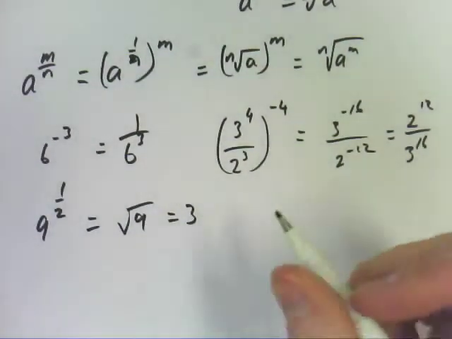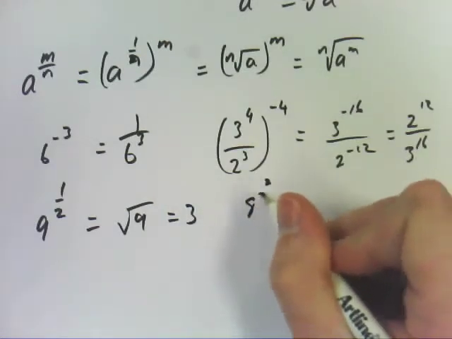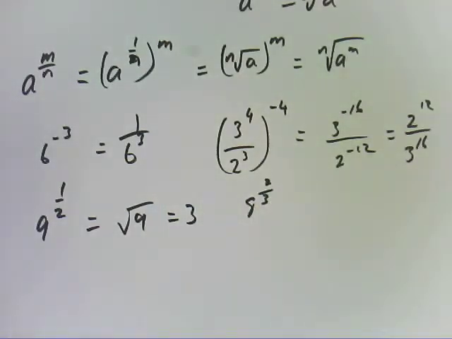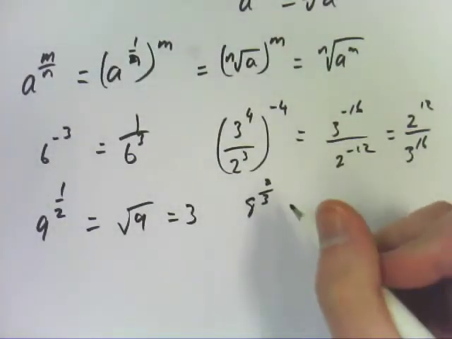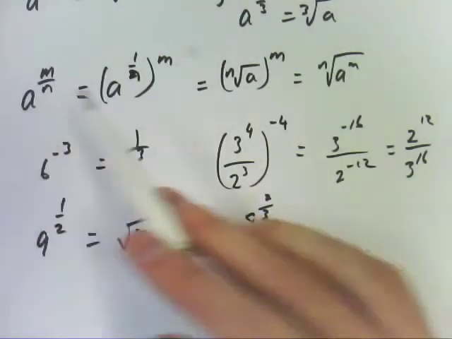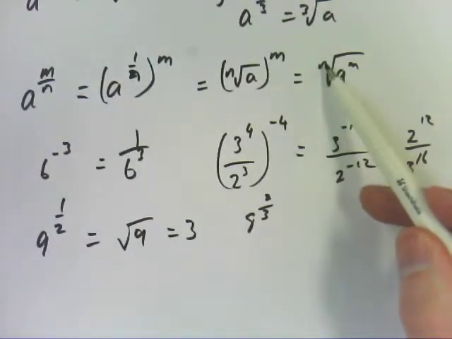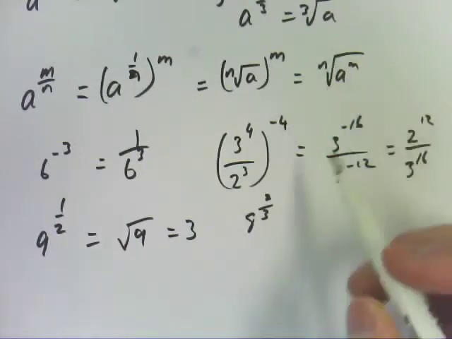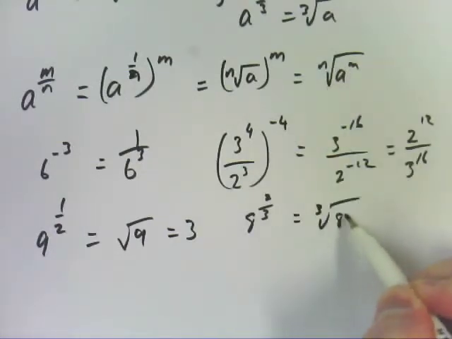What about a trickier one? 8 to the 2/3. If we go back to our rule, 8 to the 2/3, here it is here. The cube root of 8 squared. The cube root of 8 squared.